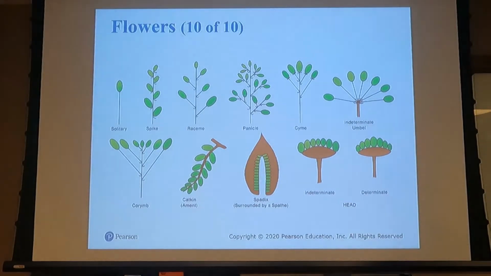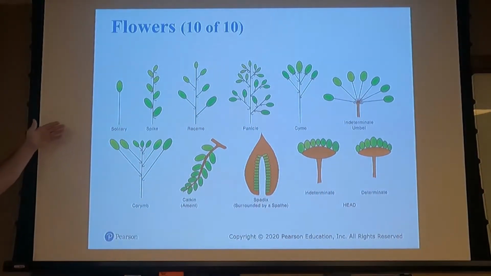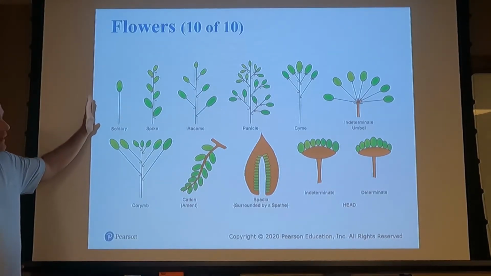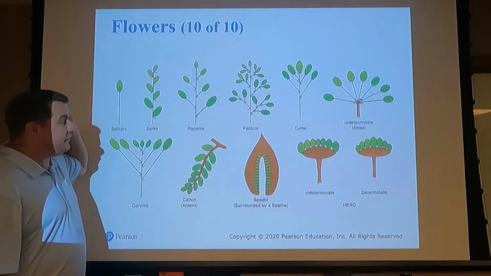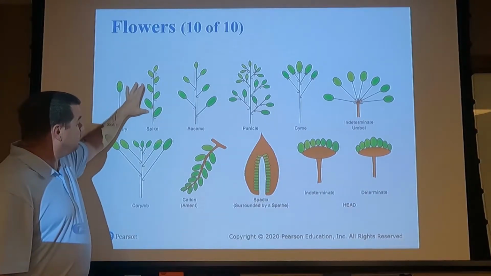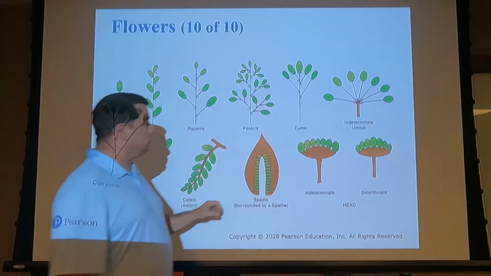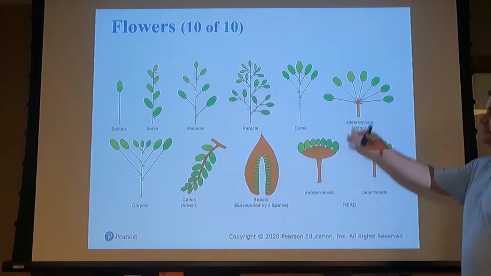This is showing you the different inflorescence and arrangements that you would come across. It'd probably be a good idea to be able to recognize these for a test. I might have a picture and say, identify this flower arrangement, right? So spike, maybe we have a catkin, a corymb, panicle, a raceme.